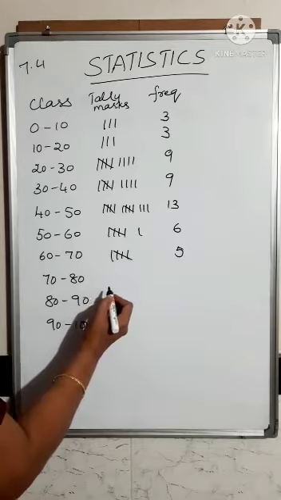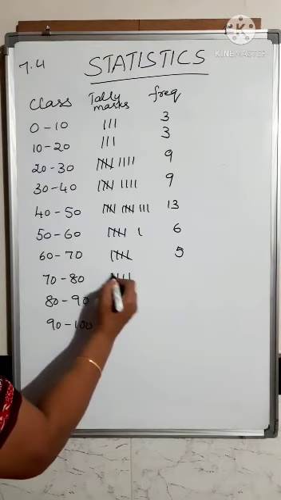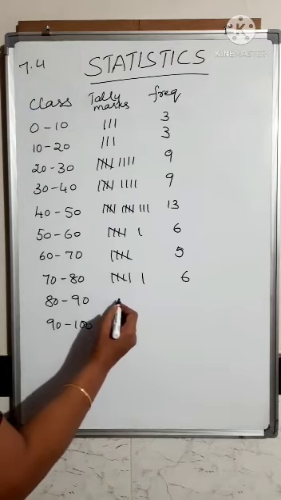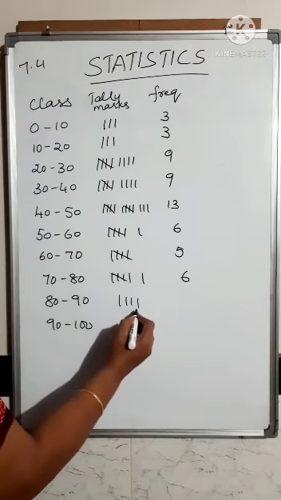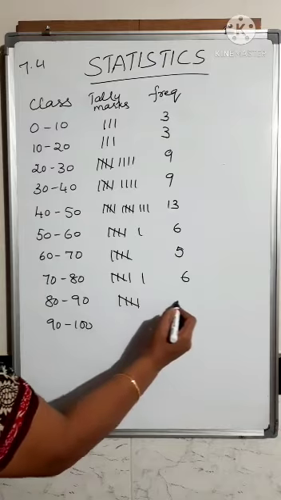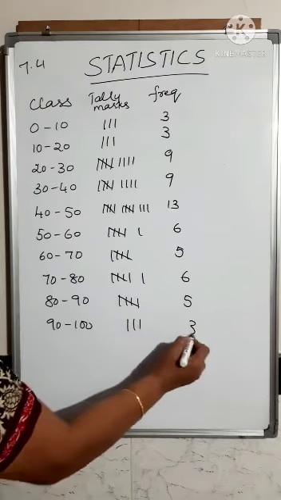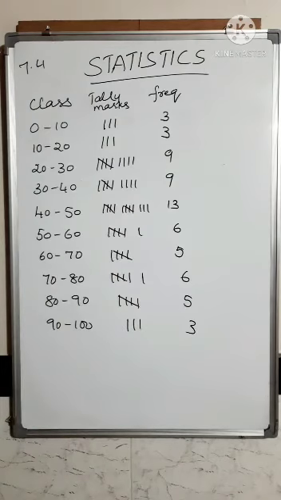Then 70 to 80 it is 6. Write it as 6. Now next you have got 5. Then you have got 3. So like this table you have to prepare as you have done it in the previous exercise. Same way you have to prepare the table.